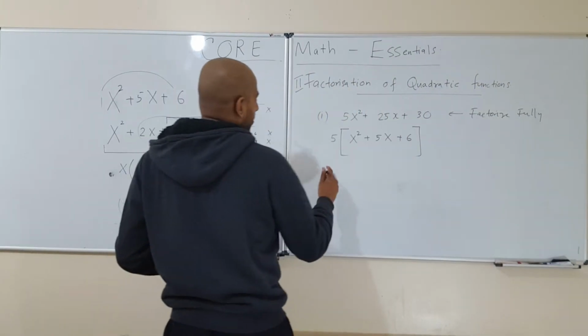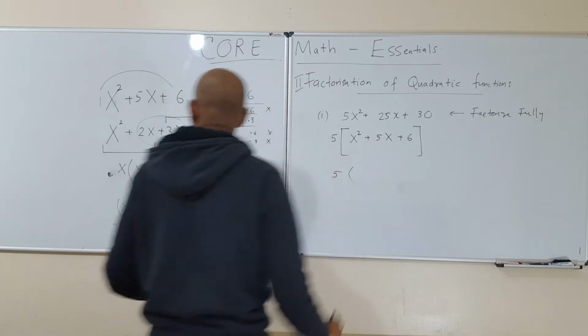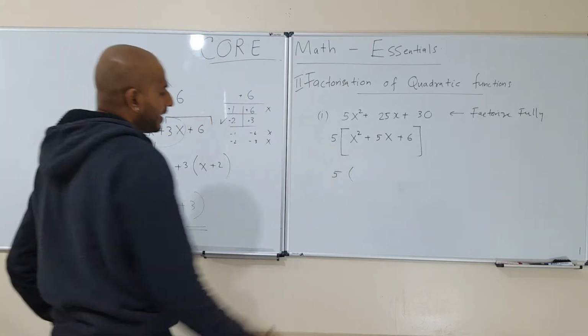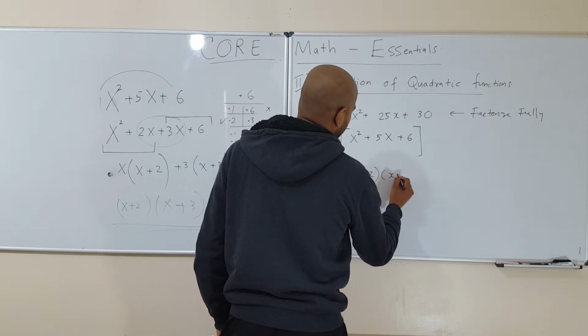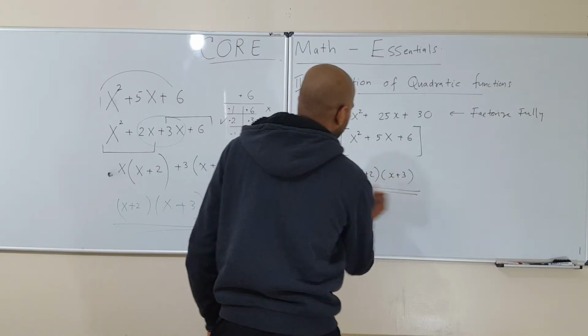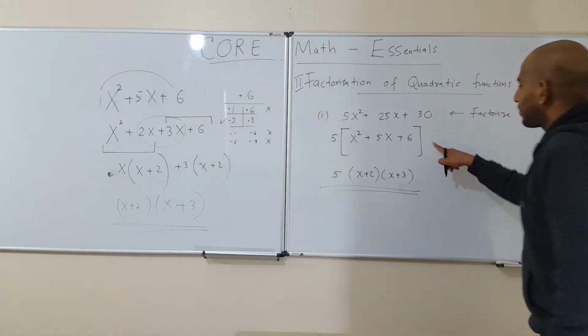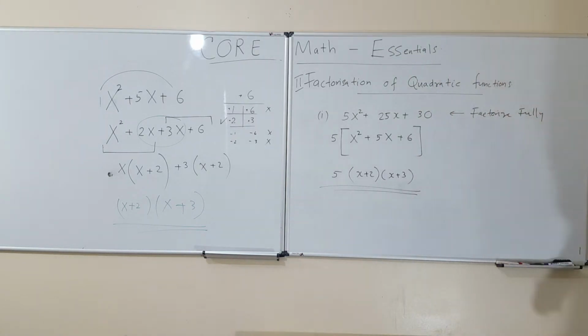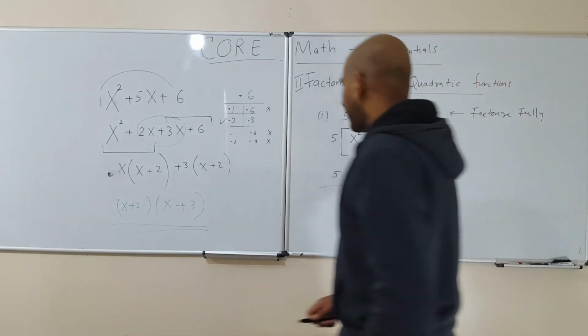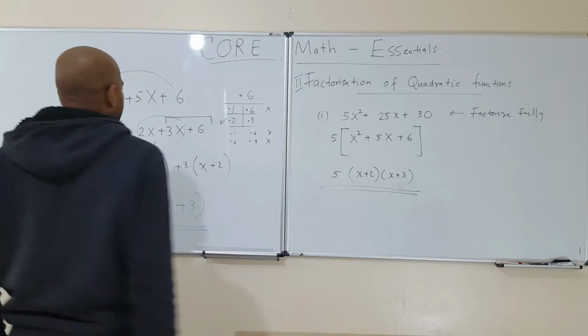The answer would be 5 times x plus 2 times x plus 3. That's the full answer. That was a partial answer, and this is the full answer. Fully factorized now. So the whole idea here is to factorize quadratic expressions.